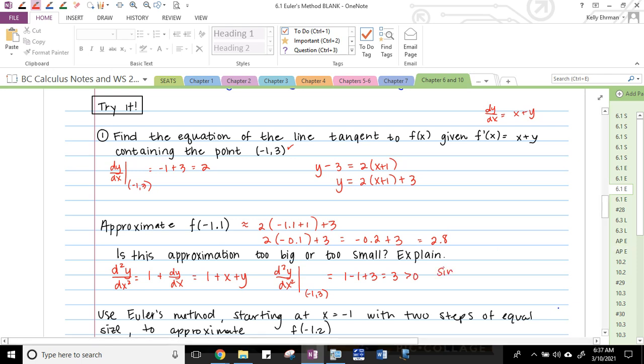So since the second derivative, you could also use f double prime, is greater than 0 at (-1, 3), f of x is concave up. The approximation is an underestimate.